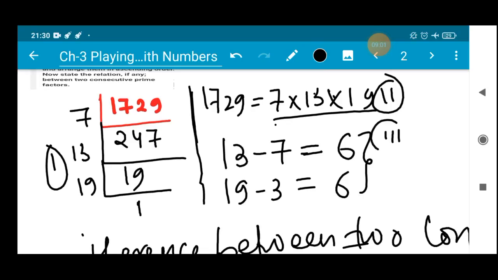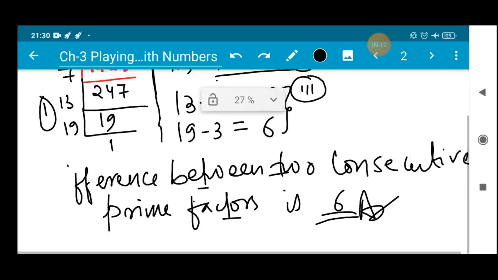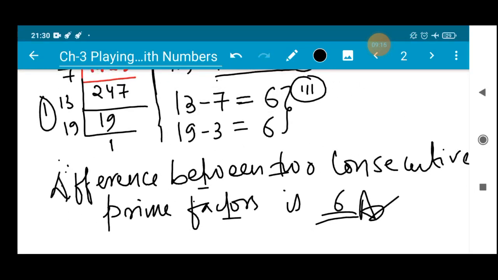And in the third part, they asked us to find out if any relation is there between these consecutive prime numbers. So yes, we got the relation that between two consecutive prime factors, the difference is 6, isn't it? So this is how we do it.